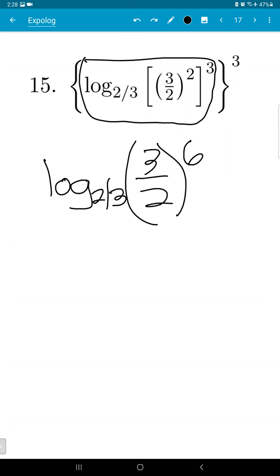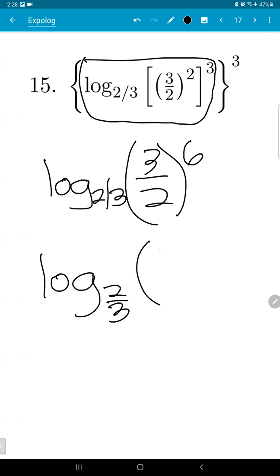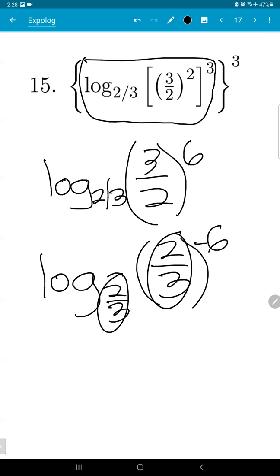Yes, -6. Take the reciprocal. They are reciprocals, right? So it's -6. Or if you cannot see that, you can do it this way. You can write 3 over 2 as 2 over 3, but you make the exponent negative. Now you have the same base, and they undo each other. So -6.